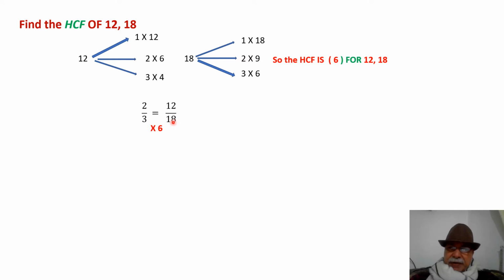This 18 comes from multiplying 3 times 6, and the 12 comes also from 2 times 6, which gives me 12. That's why 12 over 18 is equivalent to 2 over 3.